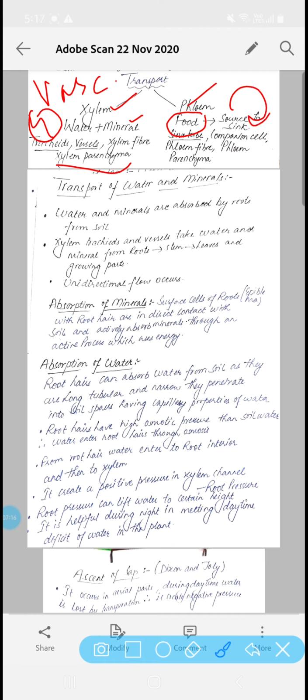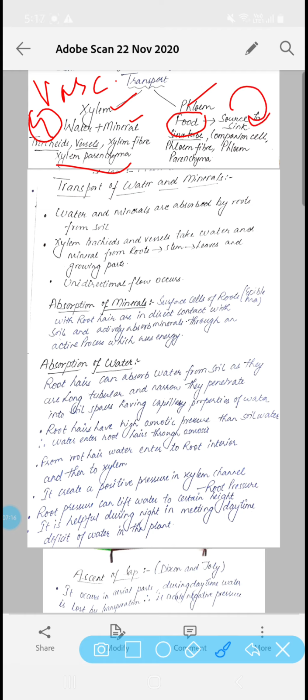Clear? Now if we talk about the transport of water and minerals, it is the main function of xylem. Water and minerals, we all know, are absorbed by the roots from the soil. Out of these 4 types of xylem cells, the main conducting units are tracheids and vessels.